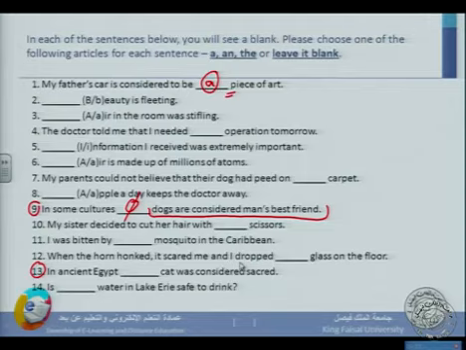In ancient Egypt, cat was considered sacred. Also, we use zero article because all cats, not a specific cat. We are not talking about a specific cat. Also, we are not talking about a particular or non-particular noun of a group. Here is kind of a generalization. Ta'mim. Cat was considered sacred in ancient Egypt.